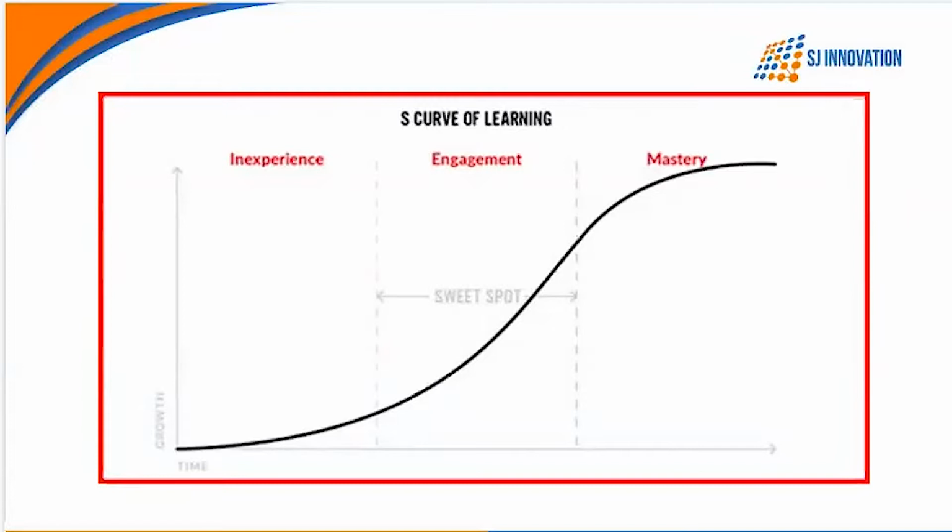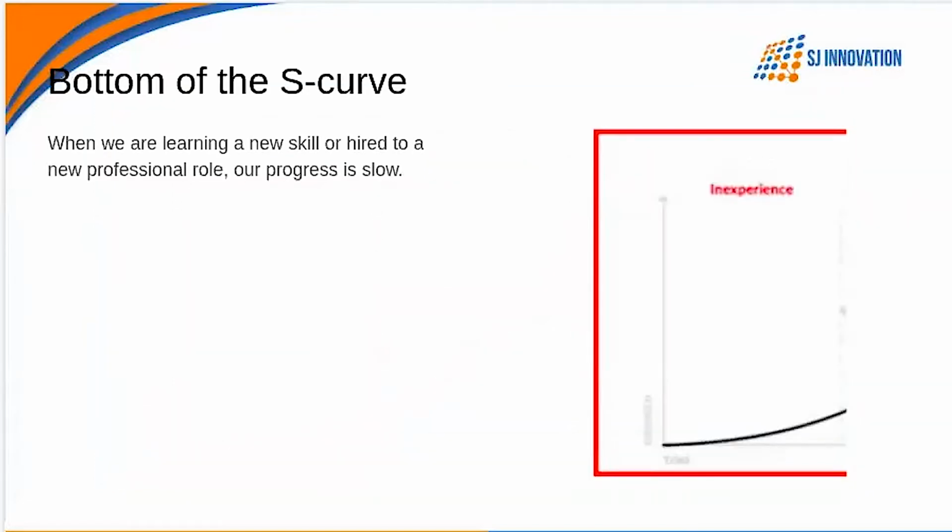So let's start with the bottom of the curve. The S curve can be related to many things, in terms of product life cycle also. But here in this PDC, we are only talking about the S curve of learning.